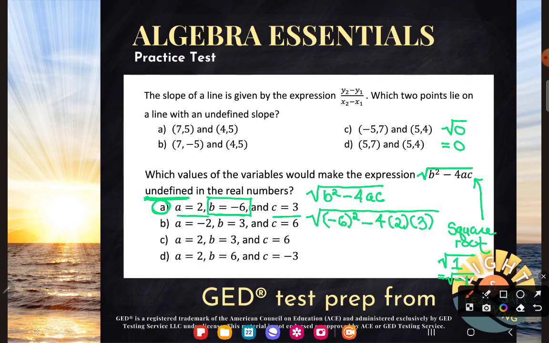The square of -6, -6 times -6 is 36, and that's all minus 4 times 2 is 8, and 8 times 3 is 24. And 36 minus 24 is 12. Now that might be an ugly square root to take, the square root of 12, but it's still possible. There's still a real answer for it because 12 is positive.